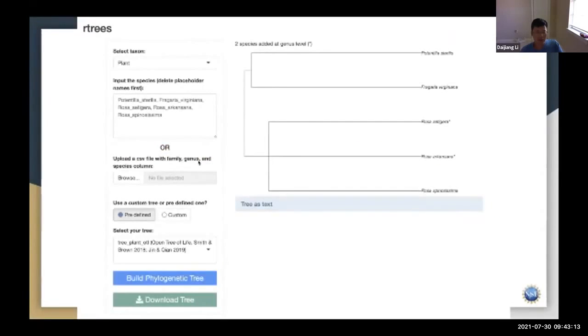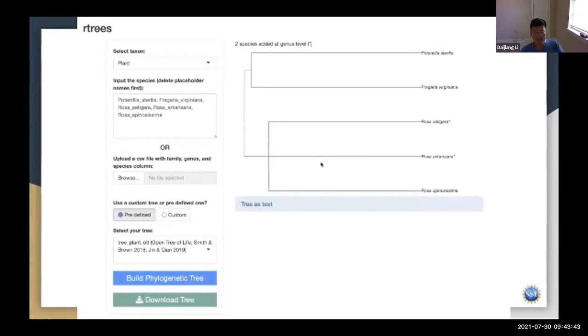For the sake of conserving time, I have a screenshot of the input query as well as the output result. We were interested in looking at the phylogeny of a plant species, and then we inputted the names of the species of plants, and then chose the standard predefined tree, and then hit build. The output on the right side, we see 5 names of the species that we originally inputted, organized as a cladogram.